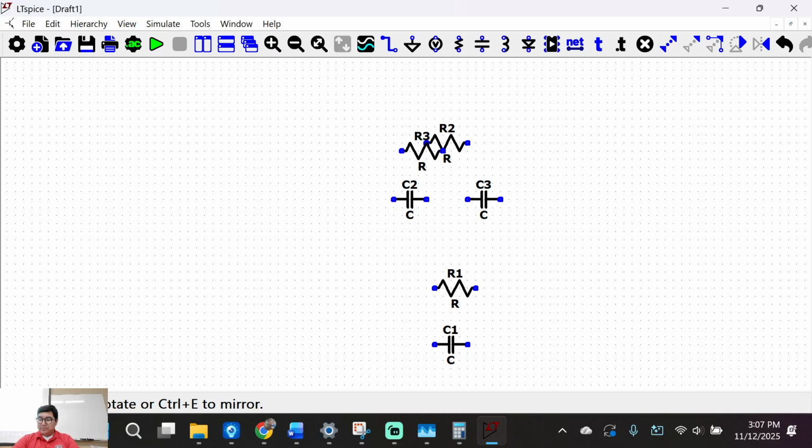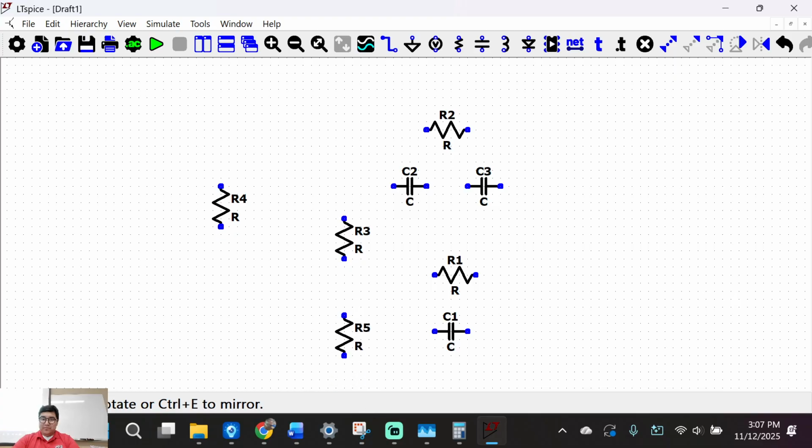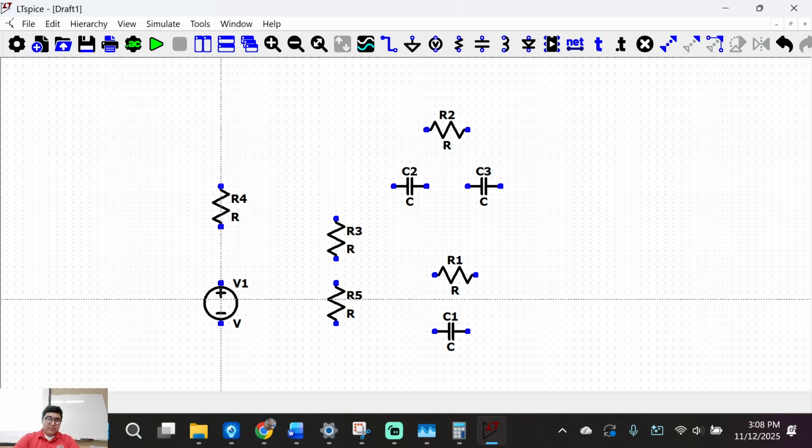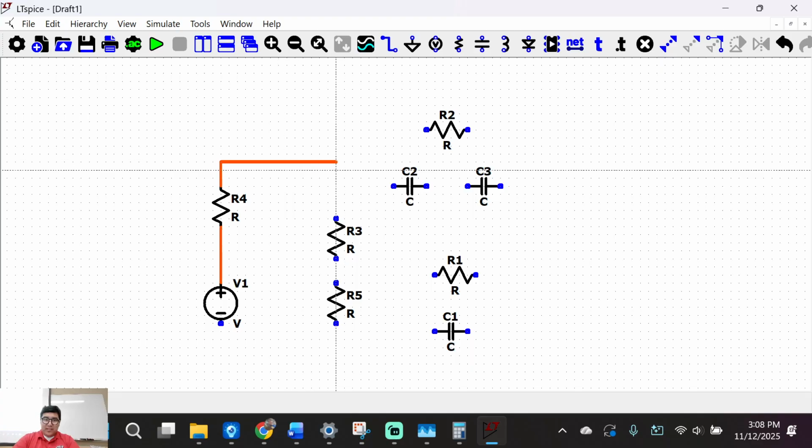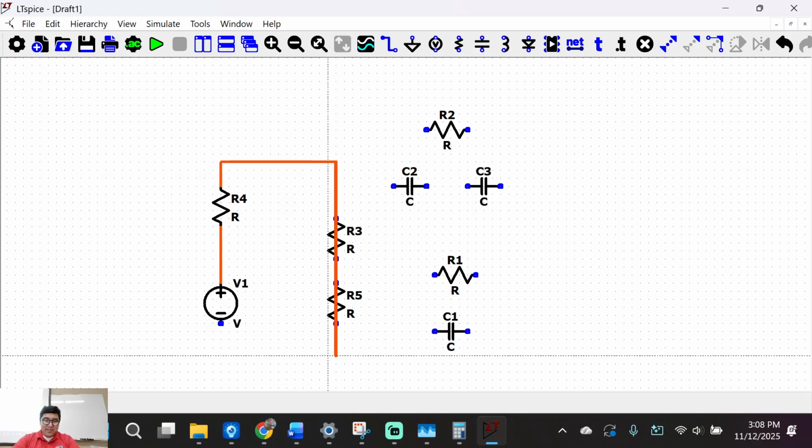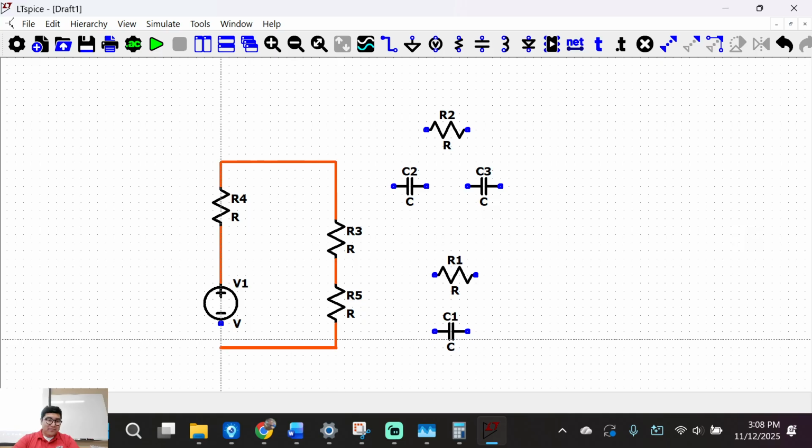Resistor, boom. Another resistor right here, boom. Voltage, right? Draw the circuit, boom. You guys like my orange lines? You can change this in the color panel.